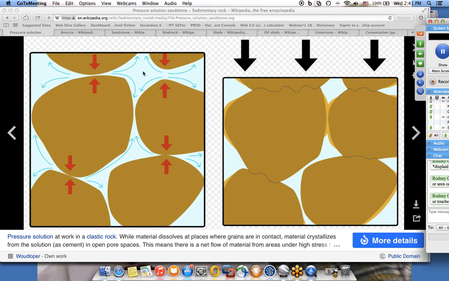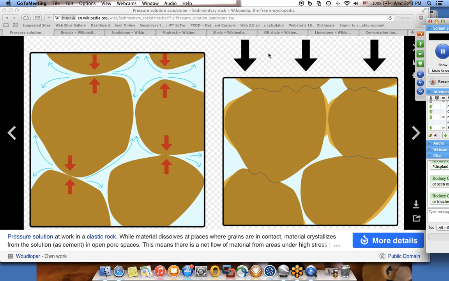So another thing that happens during this process is that usually underground water seeps between the particles. And the water starts dissolving the outer parts of the minerals between the particles.